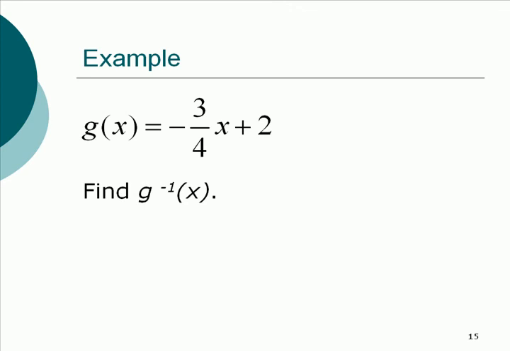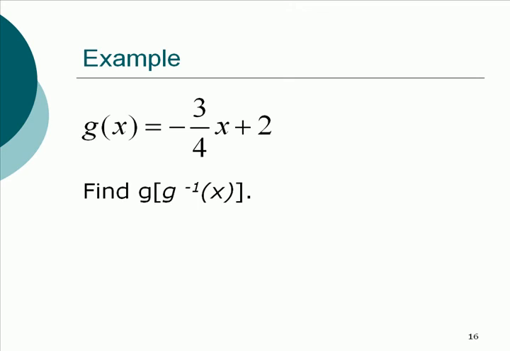Yep. Now the last question today, put your pencils down, because the last question I'm going to ask you doesn't need your pencil to answer. The last question is, find g of g inverse of x. Thank you.